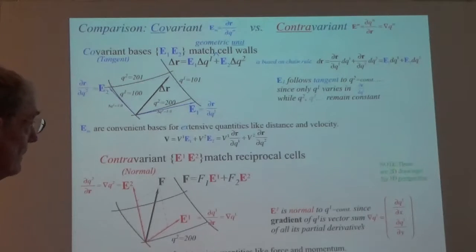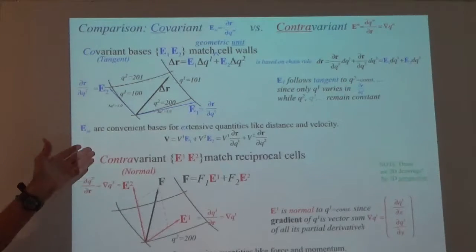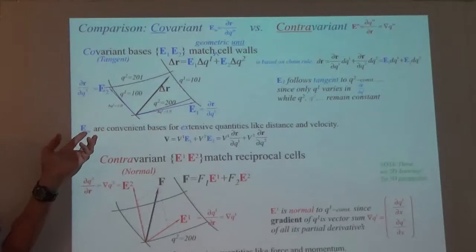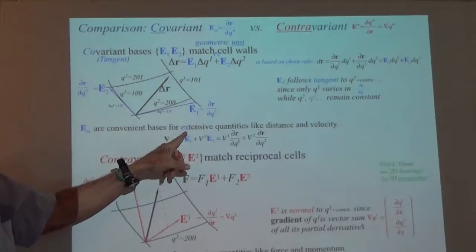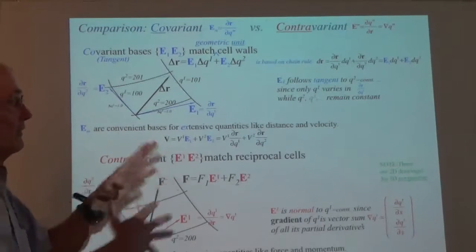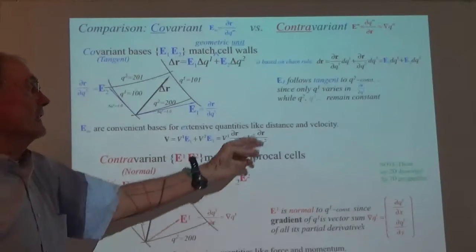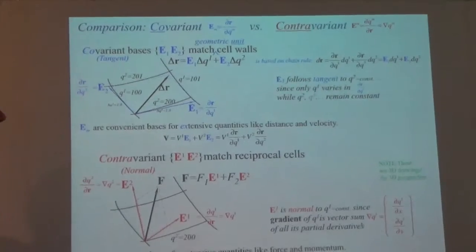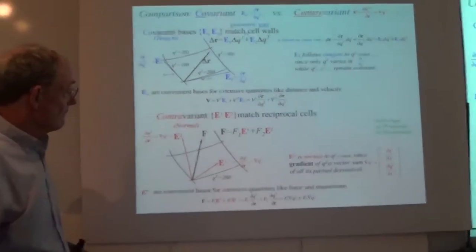Now, basically it boils down to, this is the physics sort of this, these guys are usually used for extensive quantities. Things like distance, how much space you're taking up, or even velocity very much.